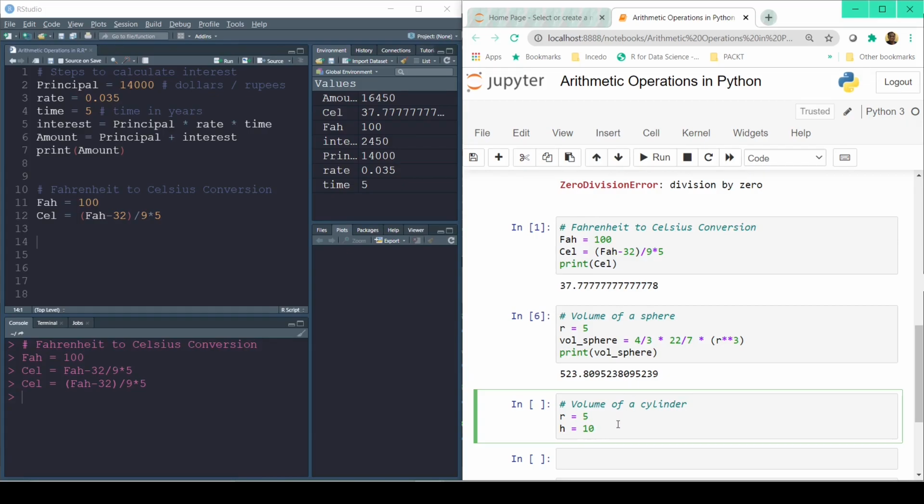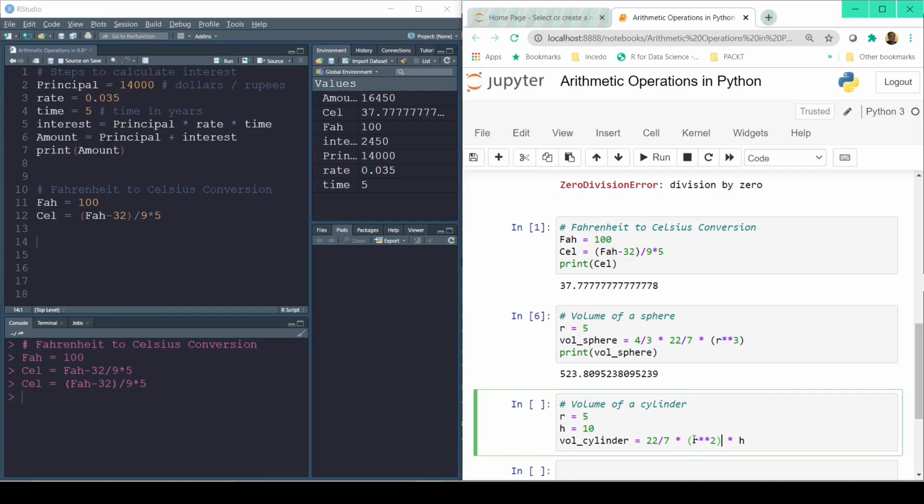Okay, so volume of a cylinder equals pi r square h. So it will be 22 divided by 7 into r, so this is going to be square, into h. Again, it's just to be on the safer side. If you're not sure which is going to be calculated first, it's always better to keep a few things which you feel should be calculated first in the brackets.